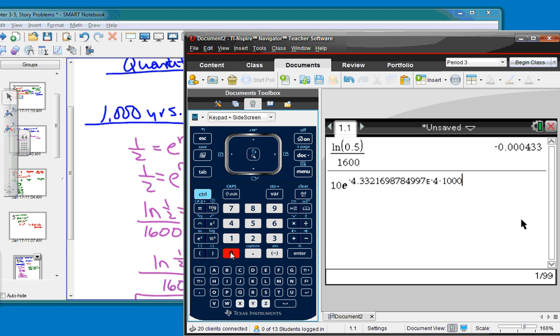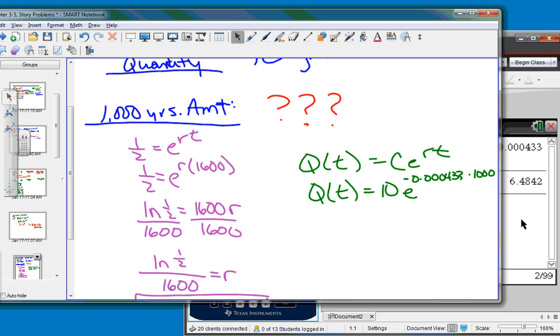Just because it's in scientific notation. The calculator puts in scientific notation so it can calculate easier. And what is my amount after 1,000 years that's in my container of my isotope? About 6.48. That's how much is left.